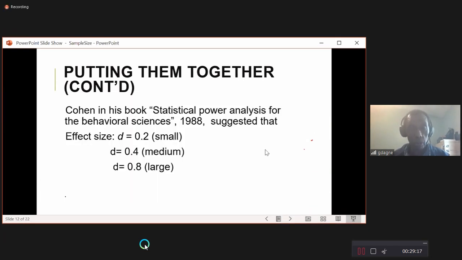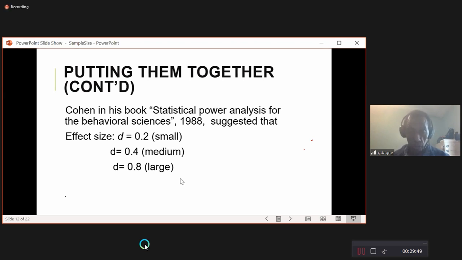One thing as a reminder: a lot of people are using this Cohen's d, even though there are some other modifications. They say that the effect size, the ratio of the signal to the noise, if it is small, like 0.2, is a small effect; like 0.4 or 0.5, a medium effect; like 0.8, a large effect size.